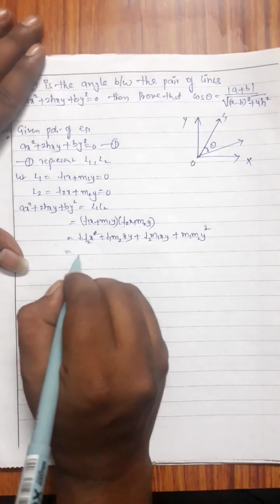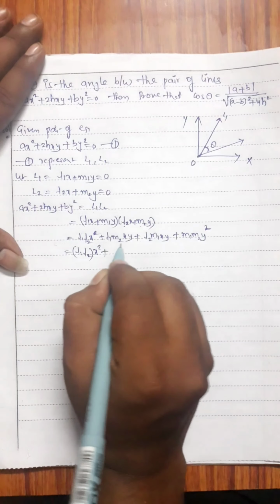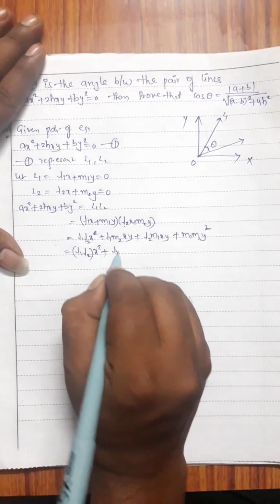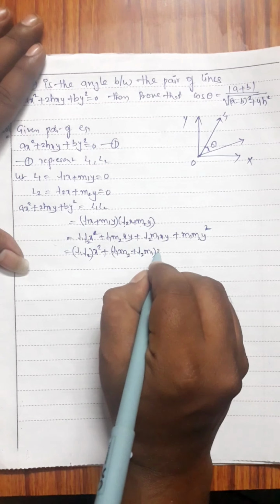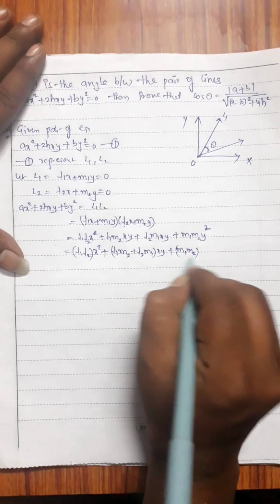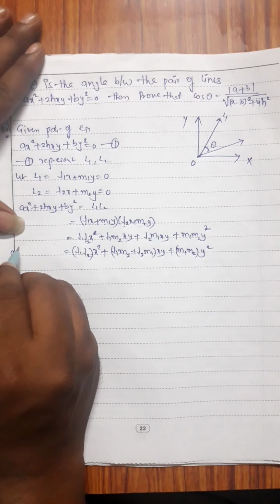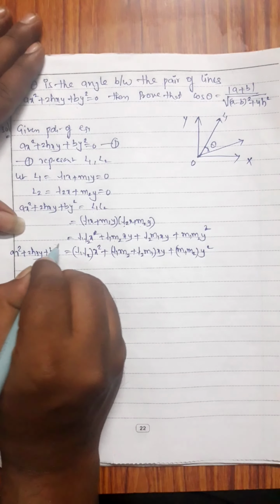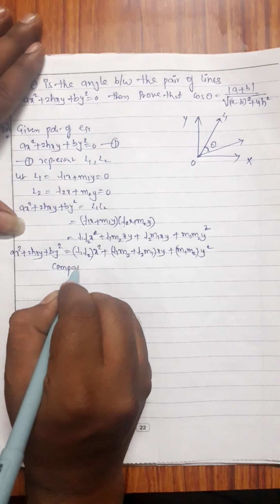Then we get l1 l2 into x square plus, from these two xy terms common, take it outside, l1 m2 plus l2 m1 into xy plus m1 m2 y square is equal to ax square plus 2hxy plus by square. Now compare on both sides.